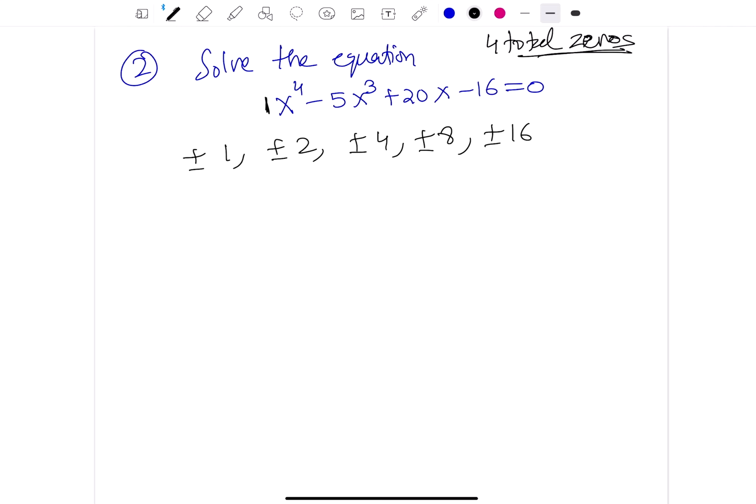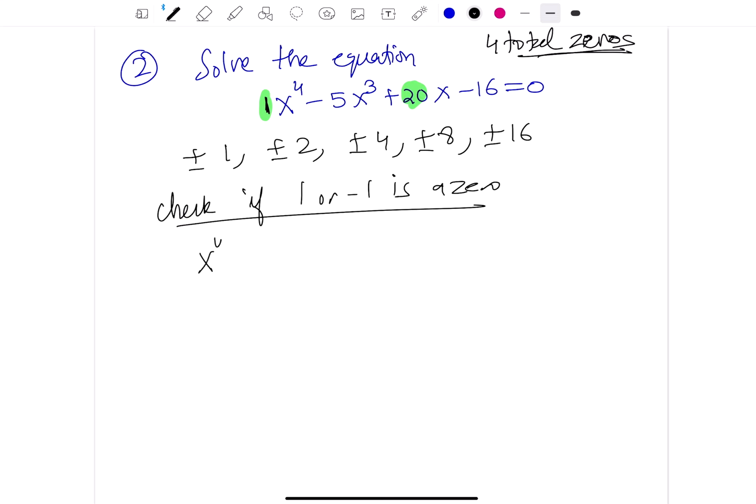Let's quickly check if 1 or negative 1 are the zeros. The x squared term is missing here, so let me go ahead and add the x squared term as well. To check if 1 or negative 1 is a zero, I'm going to write it in standard form.